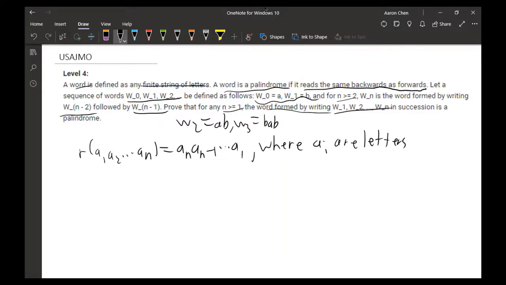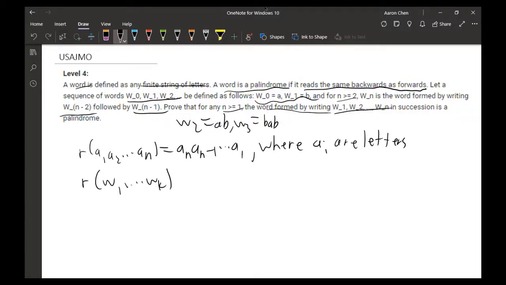Okay, and so now if you want, you can induct, and so we look at the reverse of word 1 to word k.